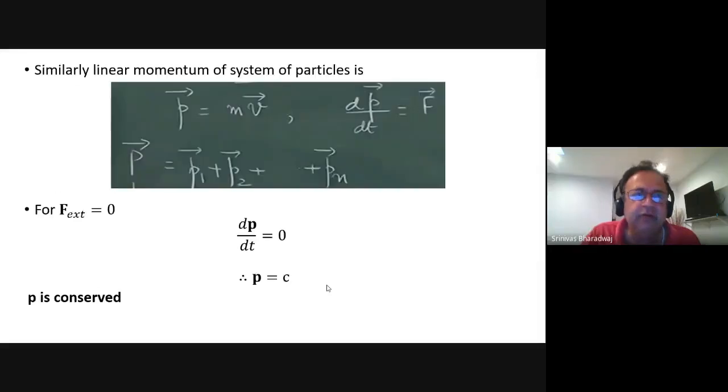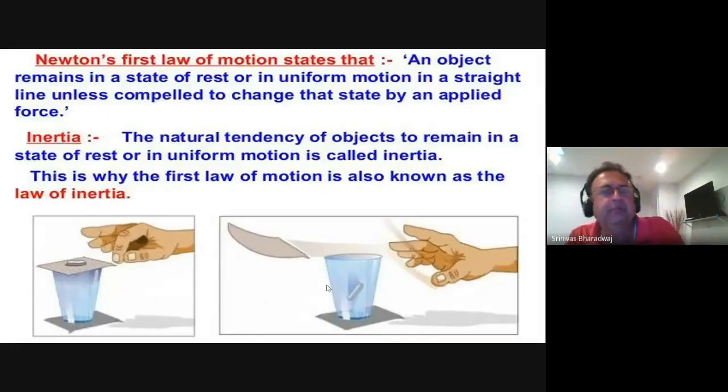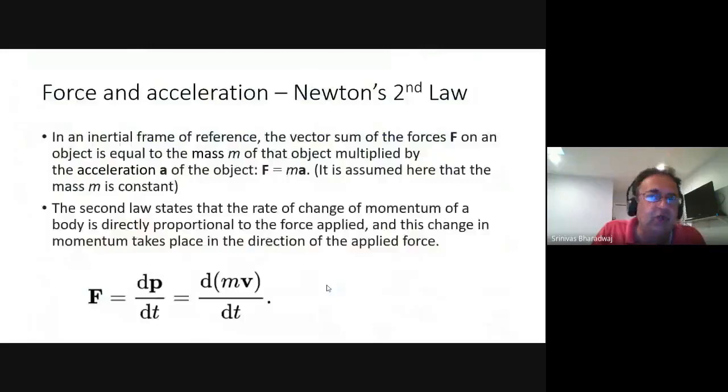All right, so now dp by dt. If there is no external force, then momentum is conserved. That comes from Newton's first law and second law.